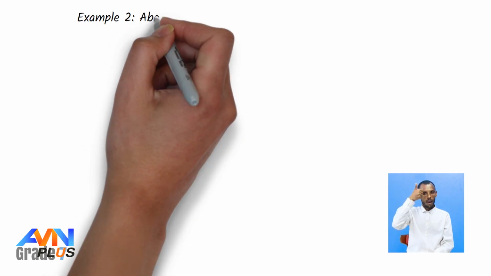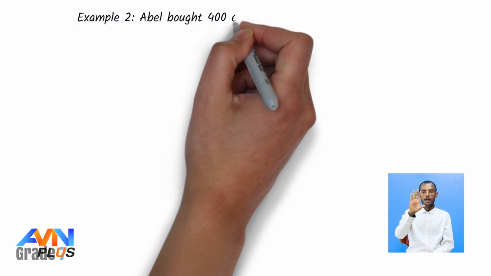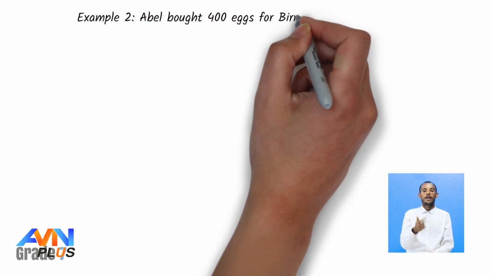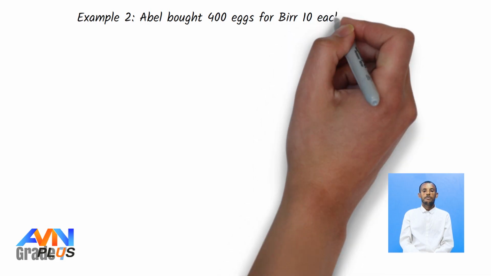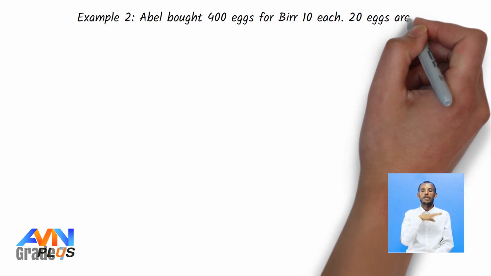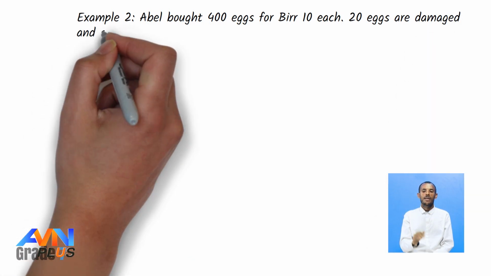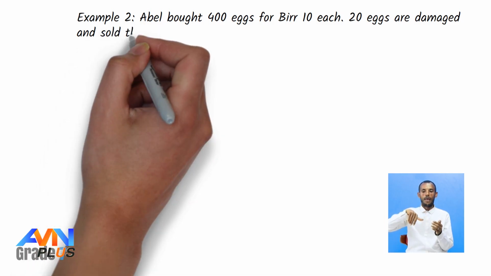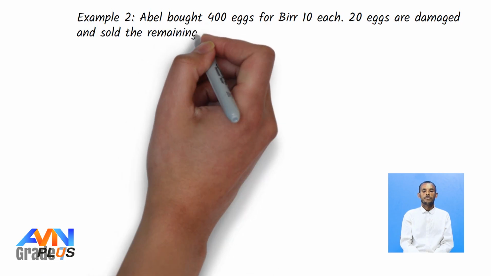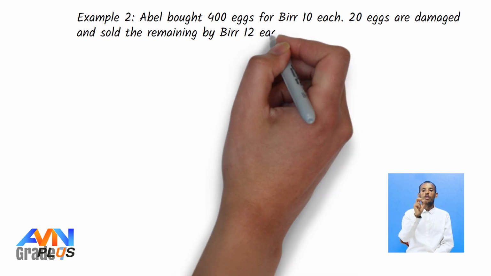Abel bought 400 eggs for birr 10 each. 20 eggs are damaged and sold the remaining by birr 12 each.